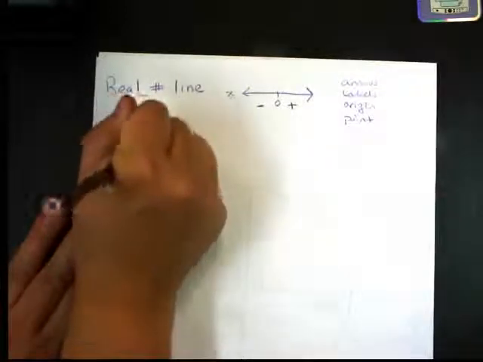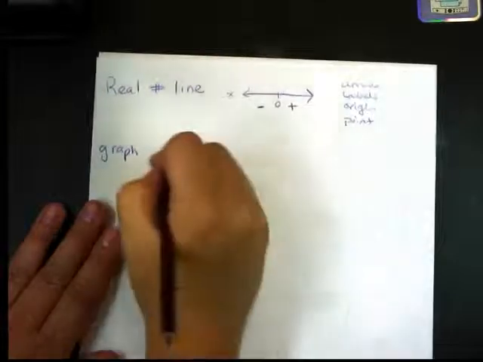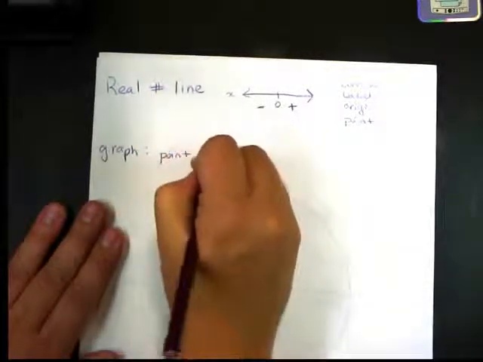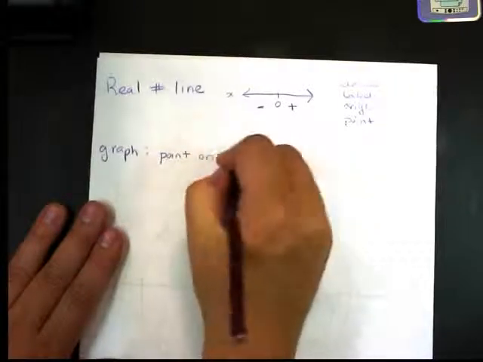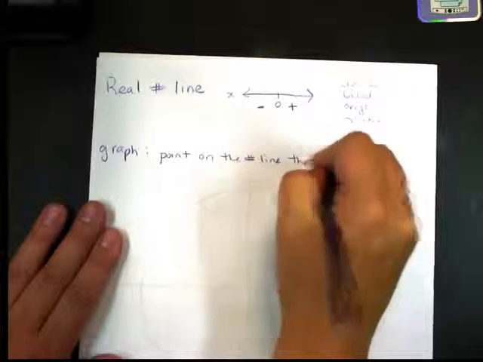Graph. Graph is actually a noun. It is the point on the number line that corresponds.